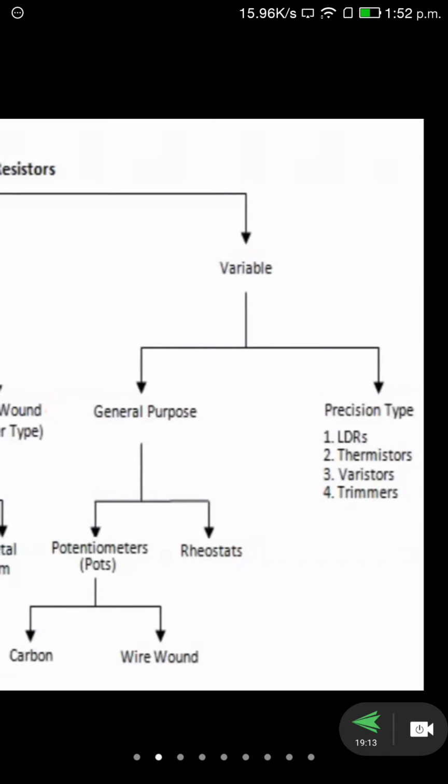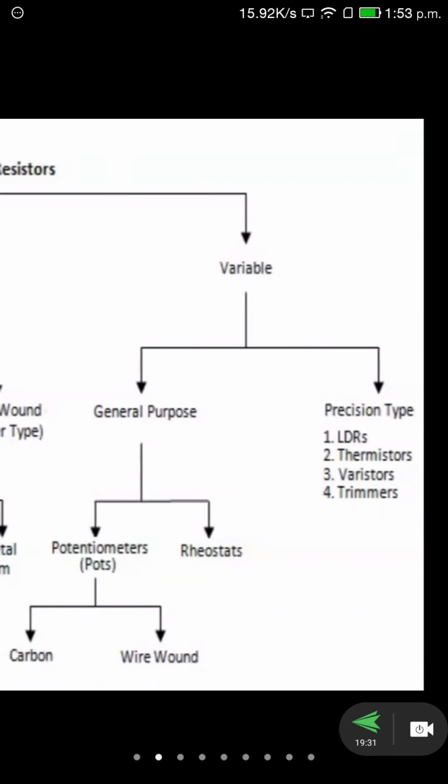First we discuss the general purpose type, and after that we go for the precision type. General purpose resistors are divided into potentiometers and rheostats. Potentiometers and rheostats have a larger cross-section area as compared with fixed resistors.